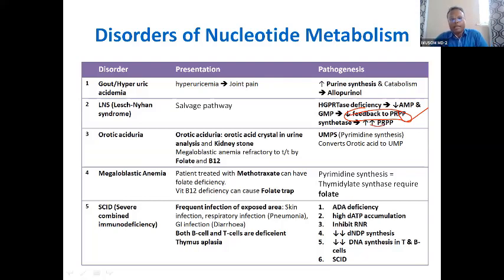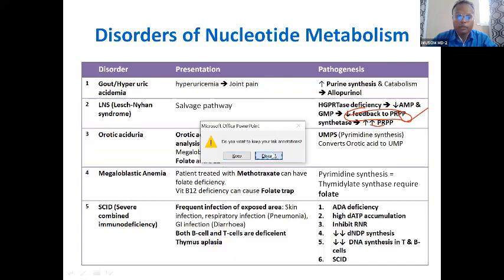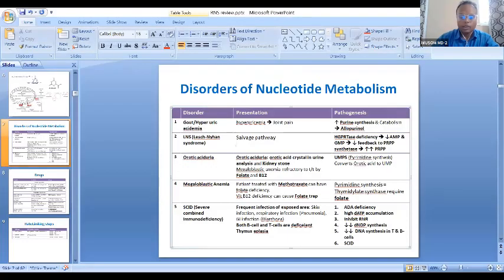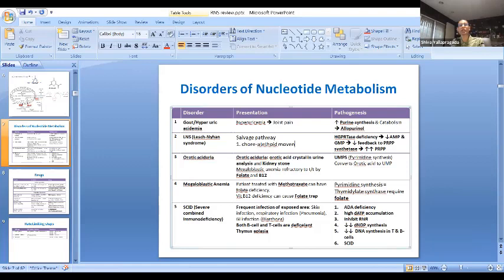So what is the problem in Lesch-Nyhan syndrome? Lesch-Nyhan syndrome has three features. You know that; I told you. Do you remember the three features? The presentation: one is choreoathetoid movement. You showed actually this movement.